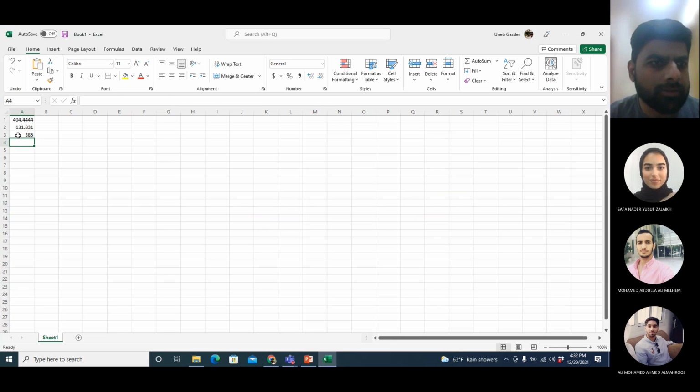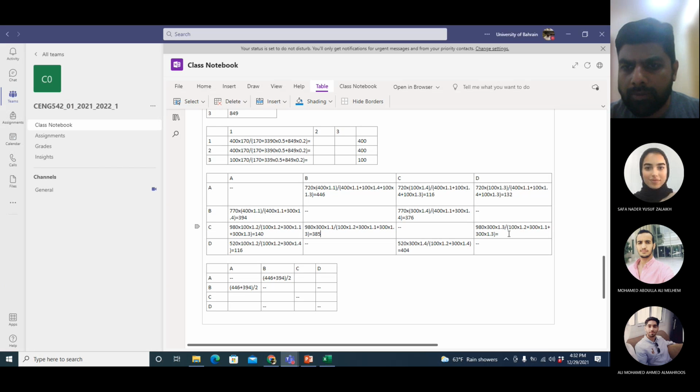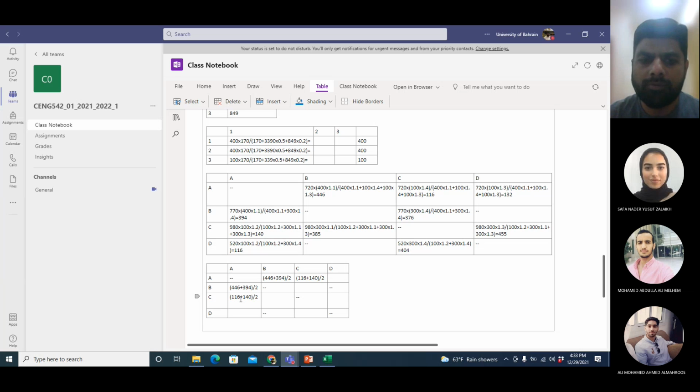And then last one into 1.3. 455. So to complete it, A to C is 116 and C to A is 140. So 116 plus 140 divided by 2, and this will be the same for this cell as well.